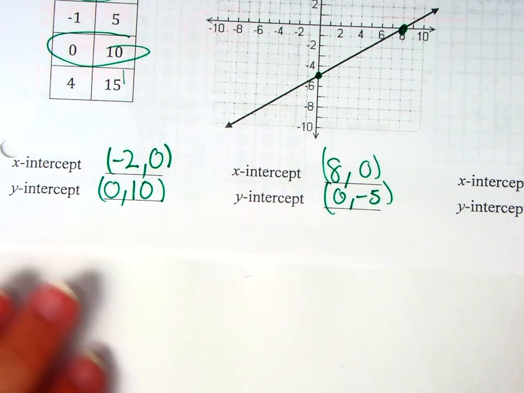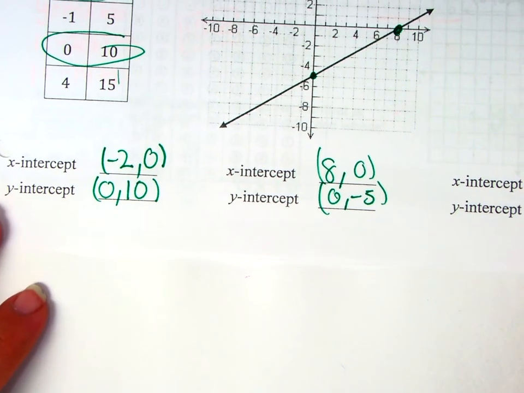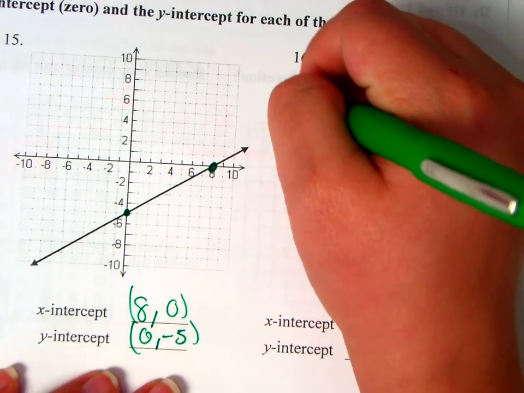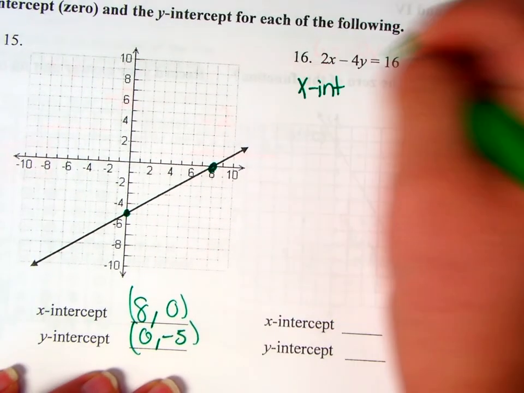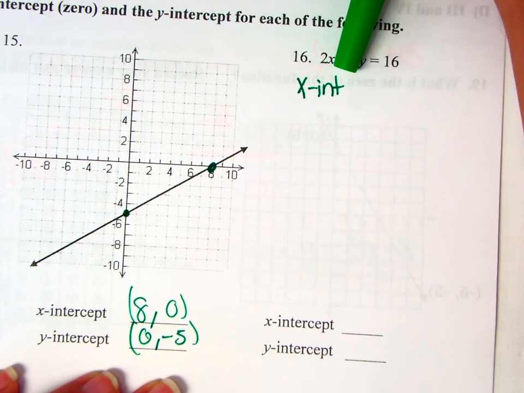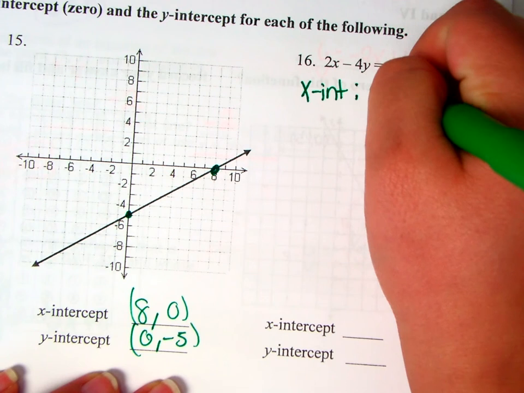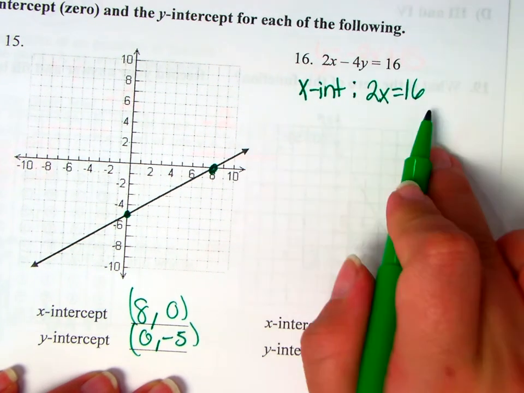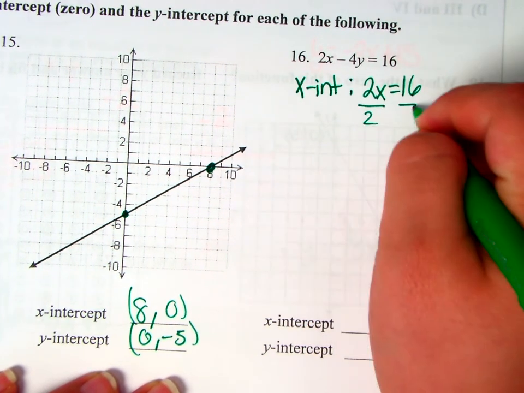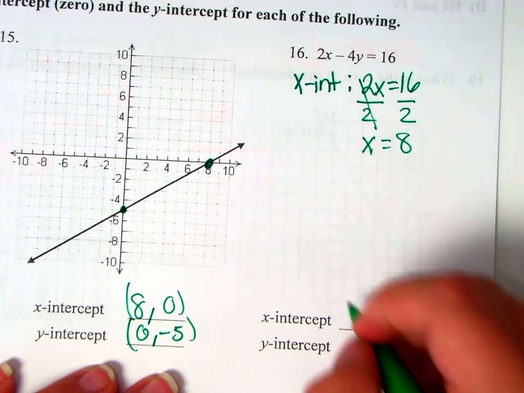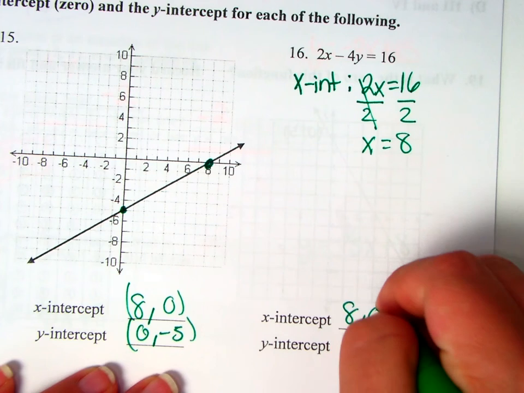Alright, number 16 does take a little bit of thinking. So, in order to find the x-intercept, we cover up the y. So you get 2x is equal to 16. Divide by 2 on both sides. What do you get? 8. So our x-intercept, 8, 0.